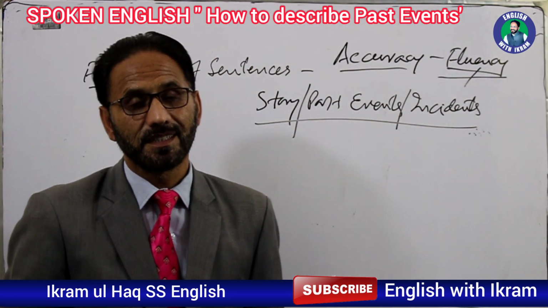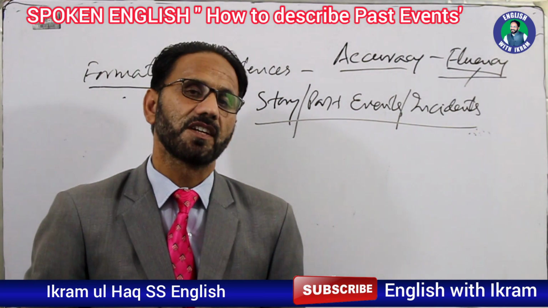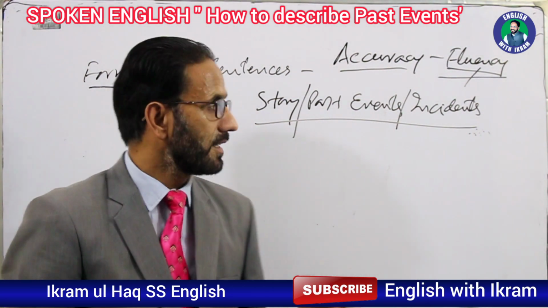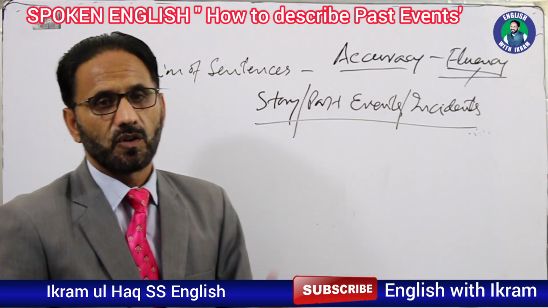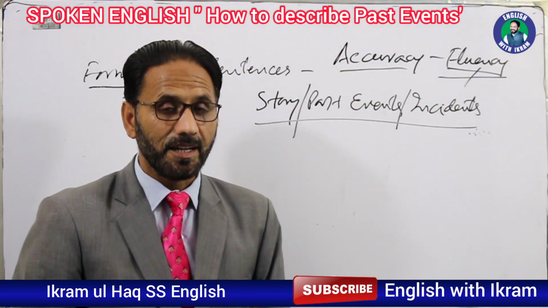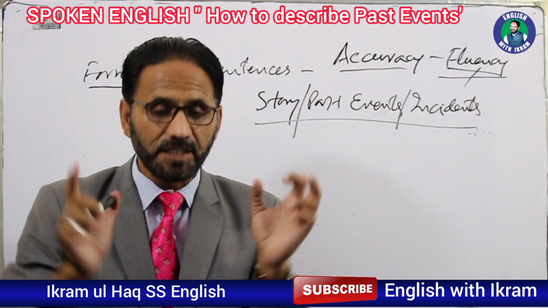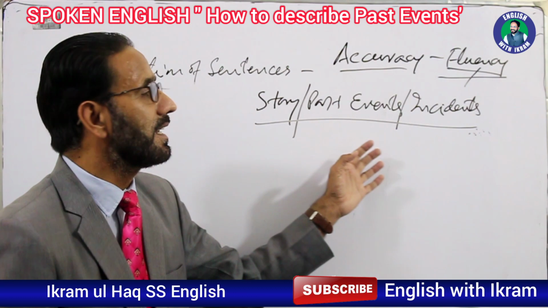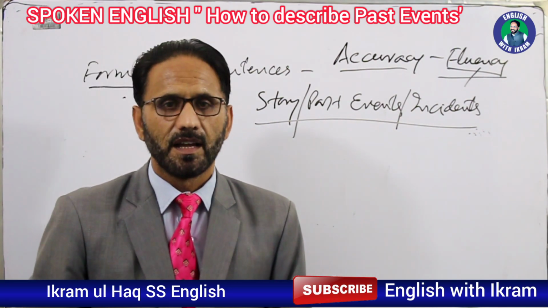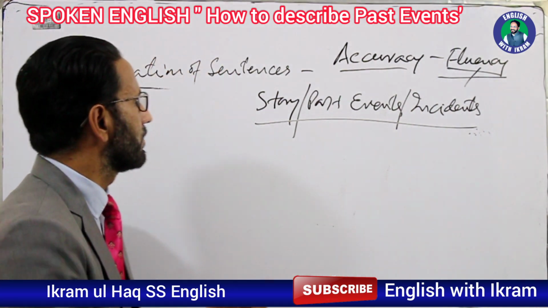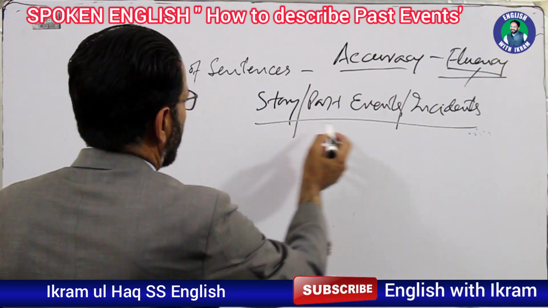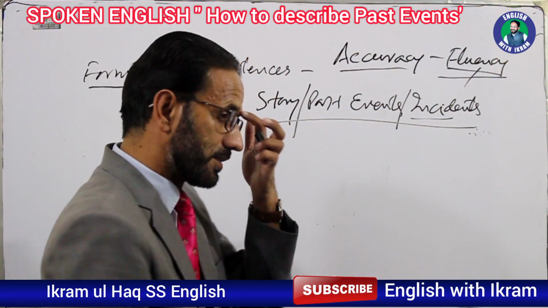We have discussed the structure, simple past and past continuous tense, right? And you have to be very conscious about the structure, and by using that structure, the combination of those two tenses, you will say anything that has occurred in the past. Any other example, for example, any accident, any incident that occurred in the past.